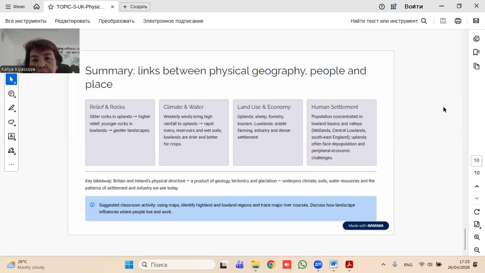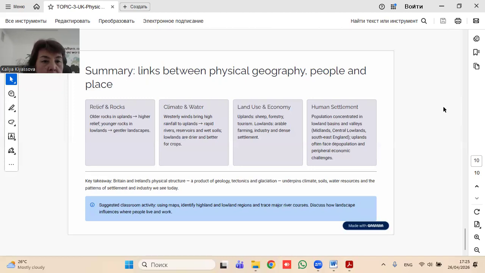What about human settlement? Population is concentrated in lowland basins and valleys, as we talked about: Midlands, Central Lowlands, Southeast England. Uplands often face depopulation and economic challenges.